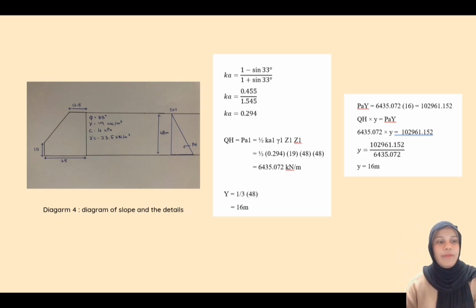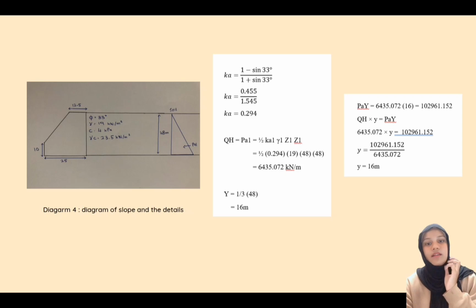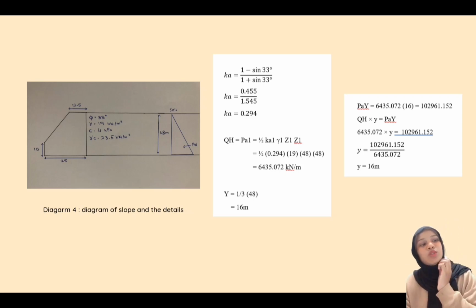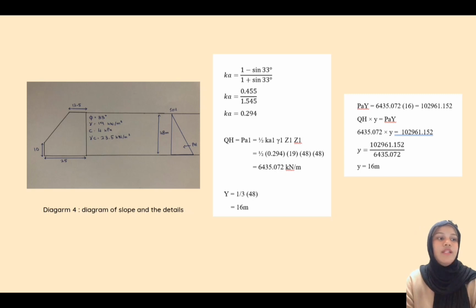And then we have to find PAY. PAY means PA multiplied by Y, so we fill in the value, which is we got PA 6435.072, and then multiply by 16, and then we got 102961.152.